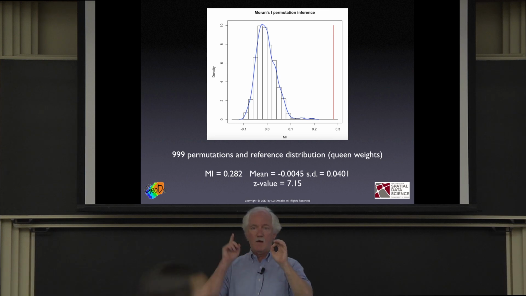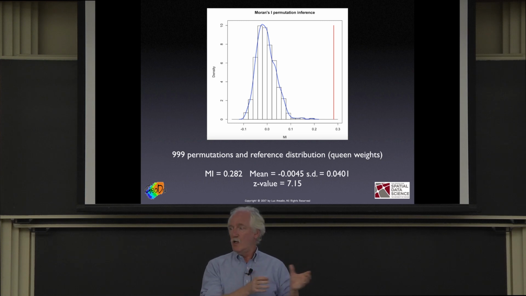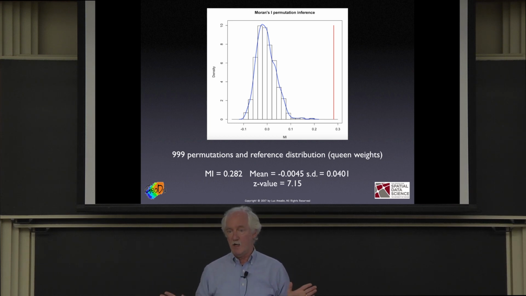Then we take 1 for the one that we observe from the data set, and we divide that by the number of replications, 999, plus 1 for the one from the data set. And that's why we take 99, 999, 9,999. So we get nice looking p-values that aren't some weird fraction of something, even though it's totally arbitrary.